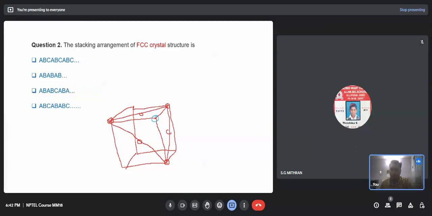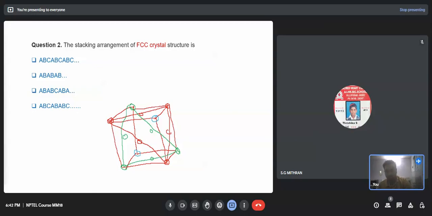And then another color, green. This is another lattice layer, and in the last, again the sand color will repeat.